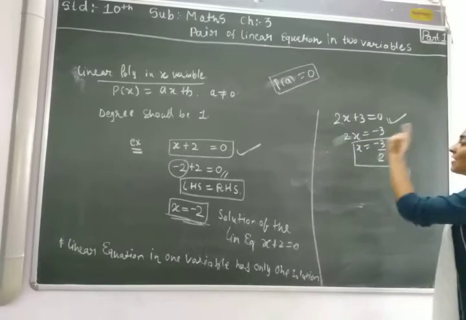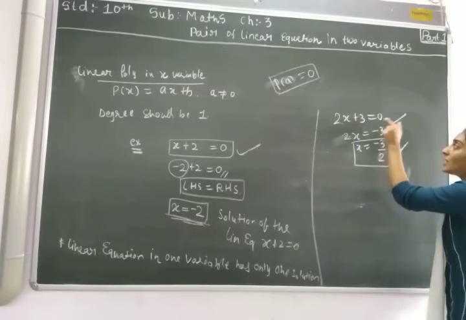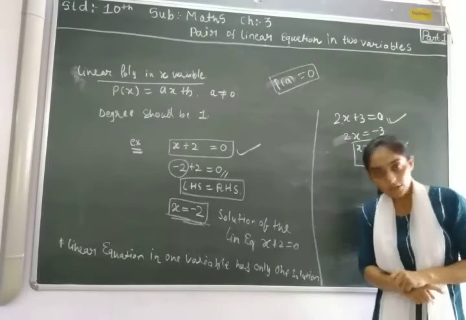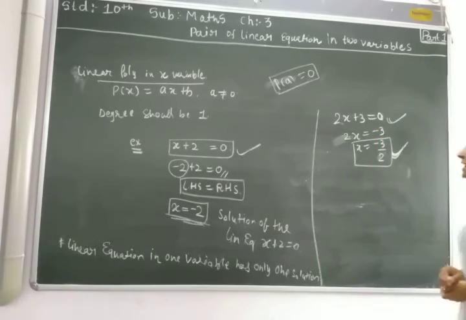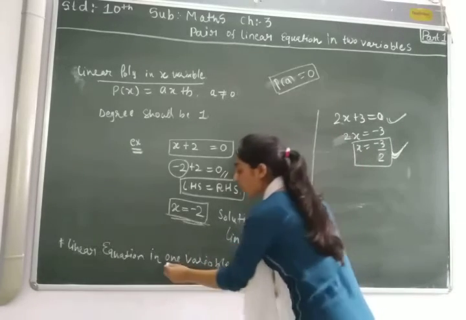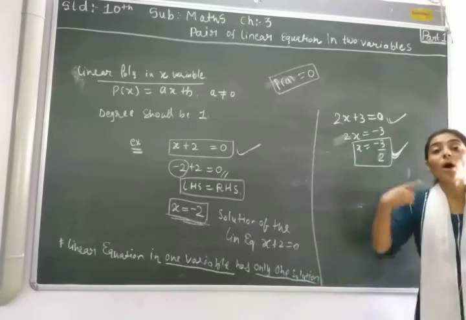It means when you replace x with this value, the resultant value you get equals 0. So we can say that a linear equation in one variable has only one solution.